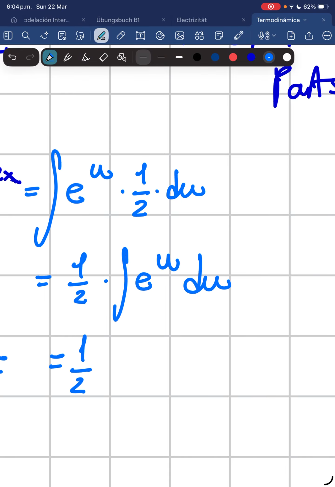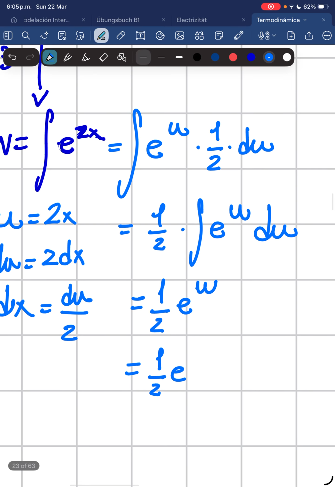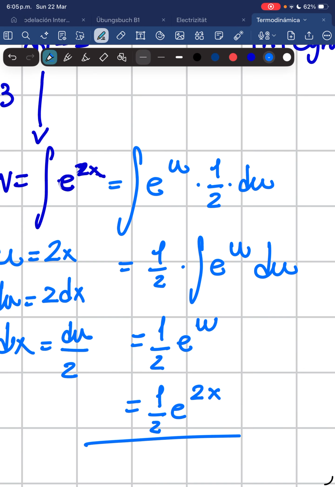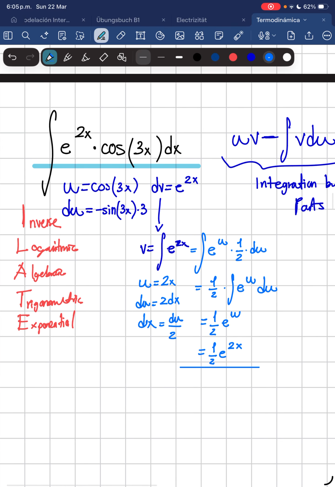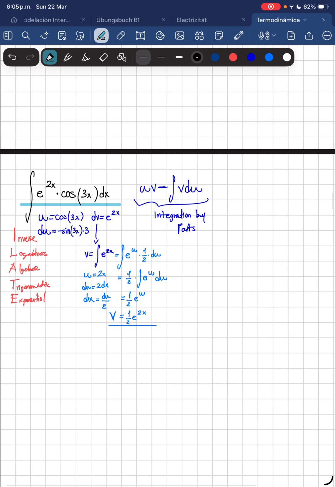We know that the integral of e to the u is the same, it's e to the u. So we substitute our real value of u, which is 2x, and this is our integral. So we just defined v, as simple as it is.